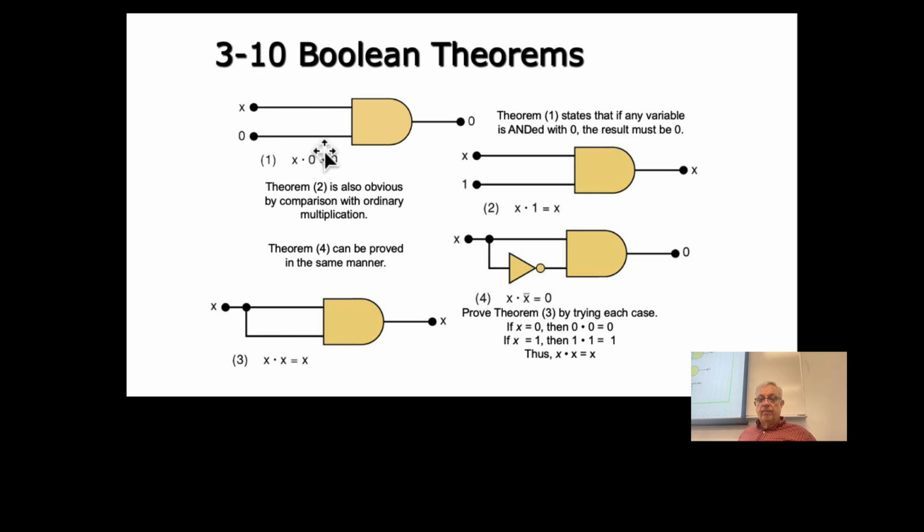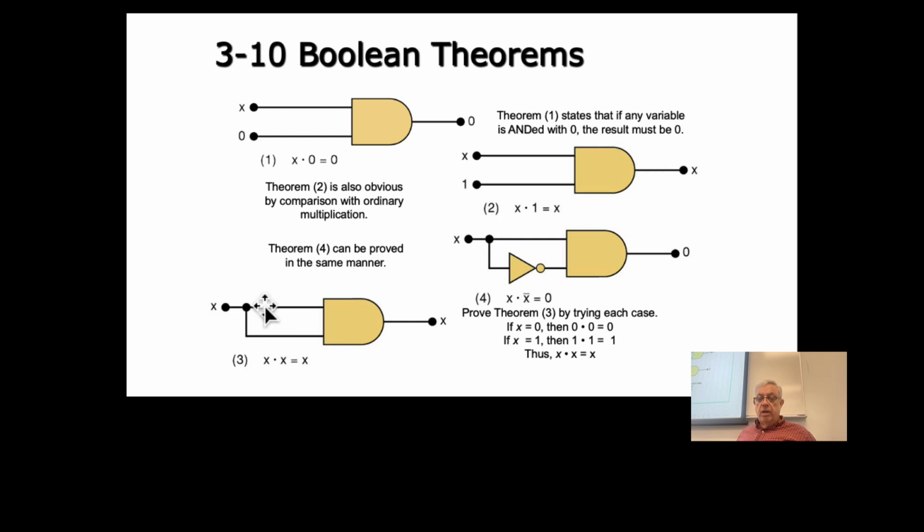The first theorem: anything ANDed against 0 is what? 0. Equivalently, anything ANDed against 1 is whatever that input is, because a 1 is always a 1 out.